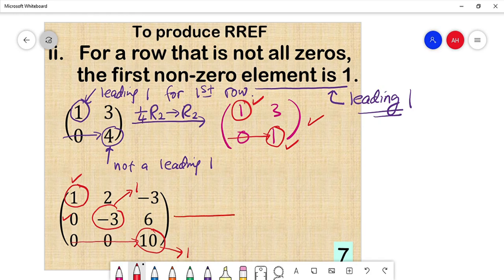So for row number 2, we have to multiply by negative 1 over 3 and write the answer in row number 2. For row number 3, we have to multiply 1 over 10 by row number 3 and write it at row number 3.